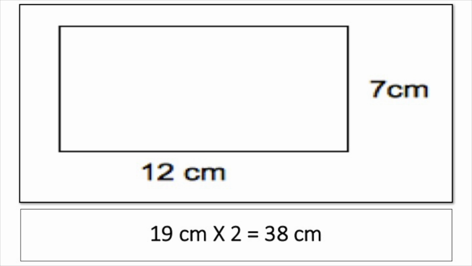12 plus 7 equals 19. So 19 plus another 12, 31. And then we've got the fourth side here of 7 centimetres. So 31 plus 7 equals 38.